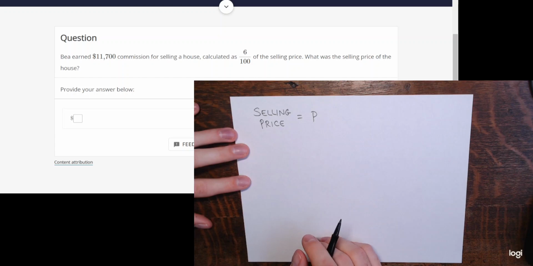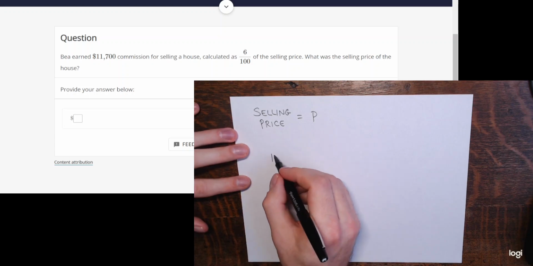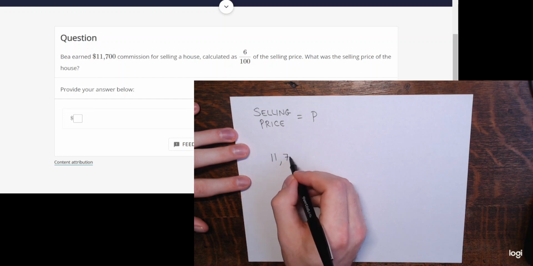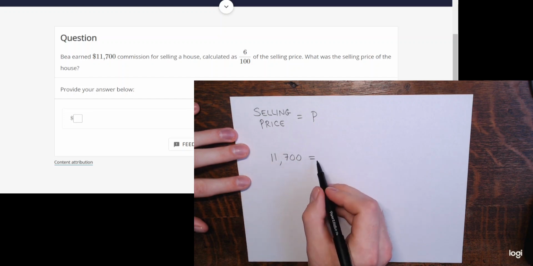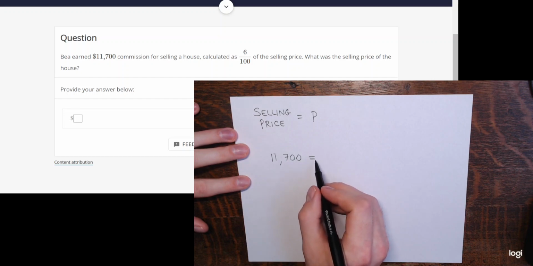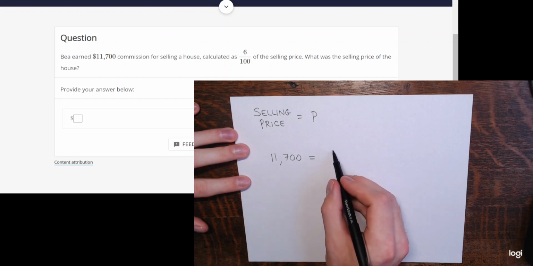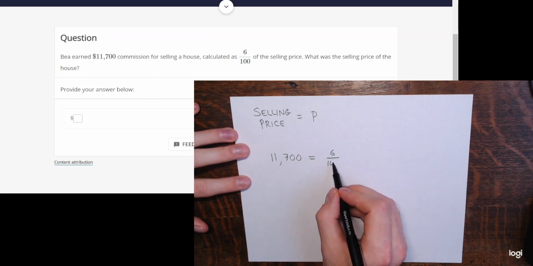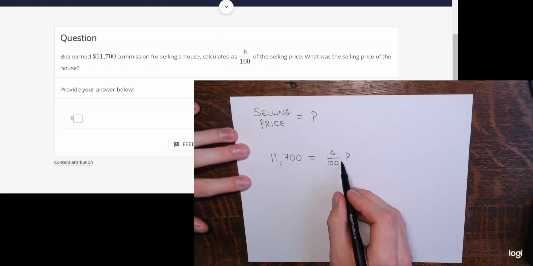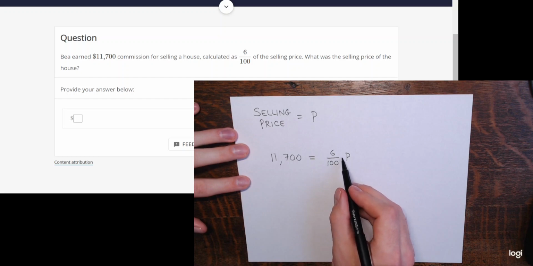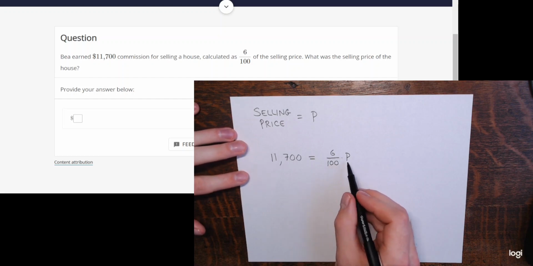And then it says B's commission was $11,700, and this commission was calculated as, the verb, 6/100ths of the selling price. 6% times, right, the selling price. So 6/100ths times P.